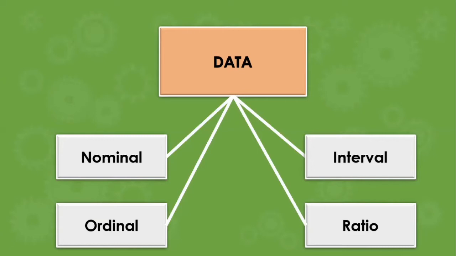And take note that time doesn't have any absolute zero as well. It doesn't start from 0, 1, and so on. So ratio data has an absolute zero. For example, the height of a building starts with 0, meaning there is an absolute zero.